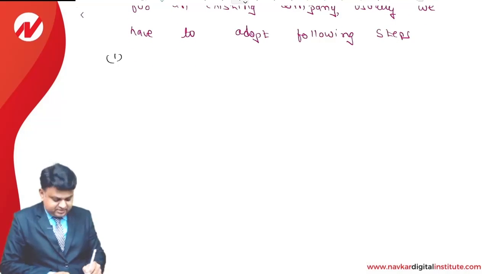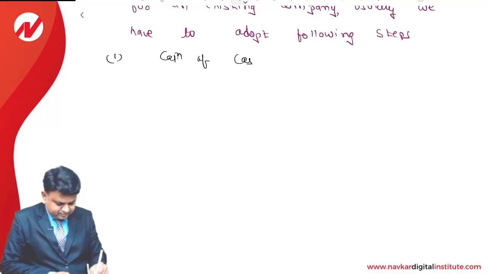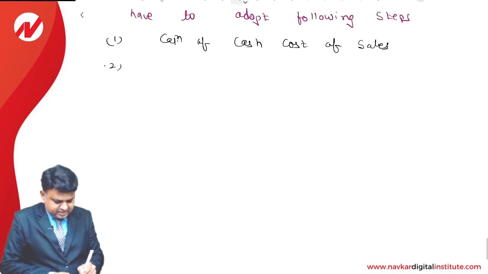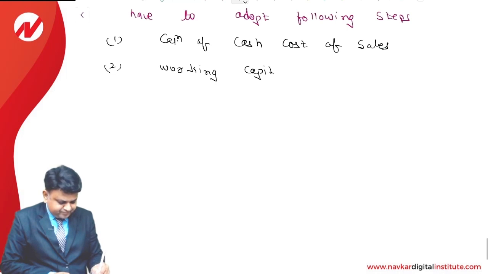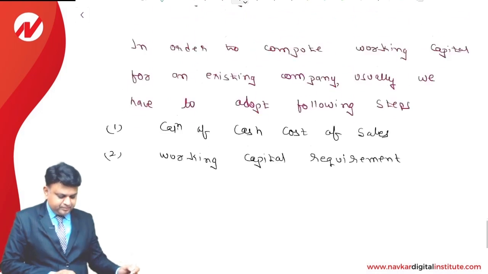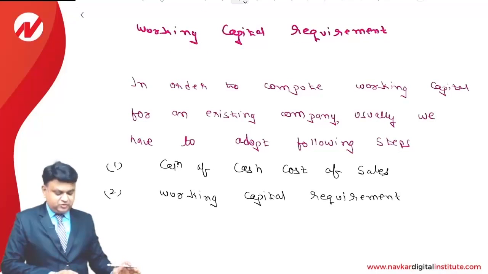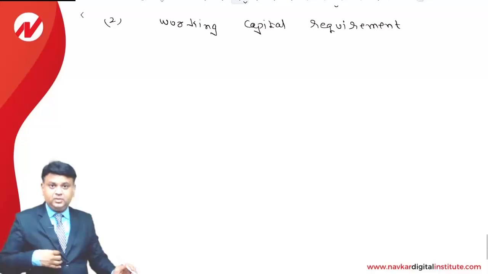Step number 1 is calculation of cash cost of sales, and second is working capital requirement. So these are the 2 steps in which you have to answer.